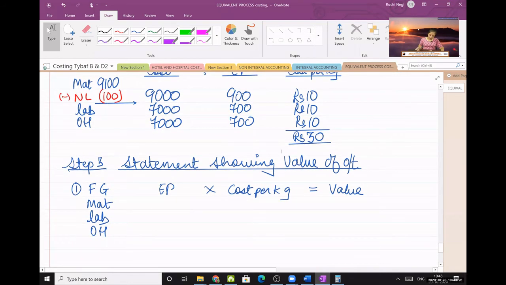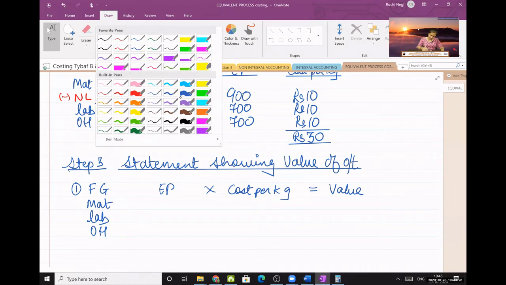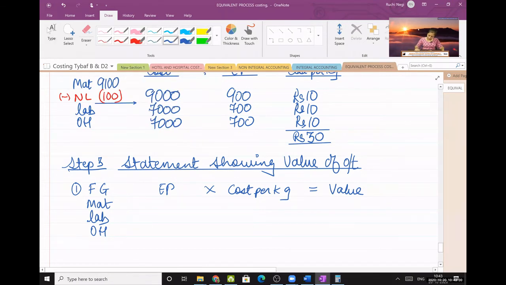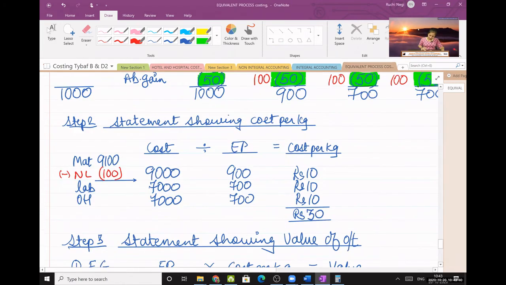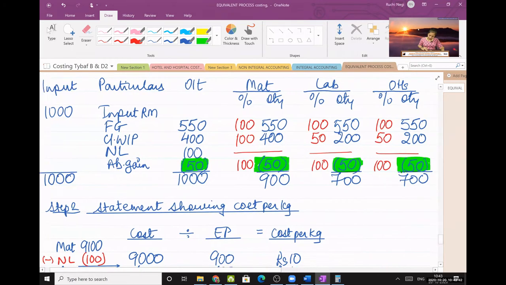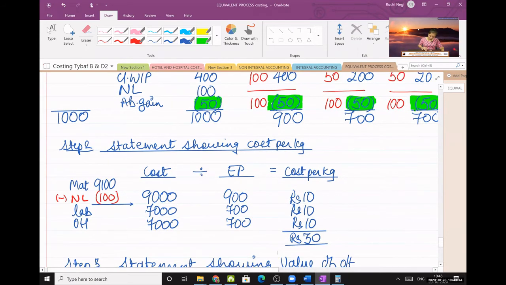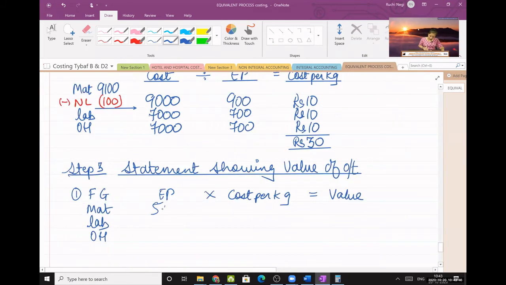Then coming on to step 3. Material, labor, overheads. Same way. What is the breakup? 550, 550, 550. So please write here 550, 550, 550.